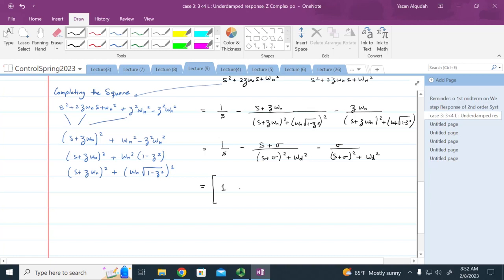And that is going to equal 1 minus e to negative sigma t multiplied by cosine omega d t plus sigma over omega d sine omega d t.